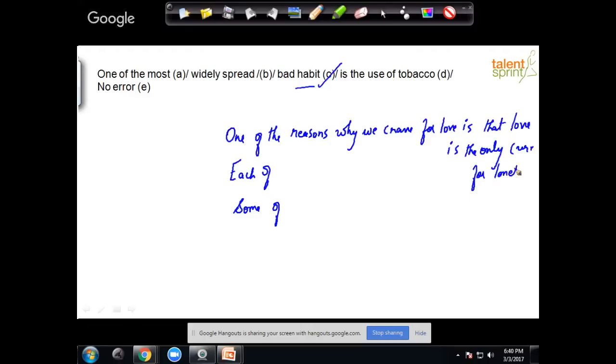Right, that's a pretty long sentence. Anyway, so one of the reasons, it's not saying one of the reason. Each of the students is responsible, right? Each of the students, not student. Responsible for doing his or her work.